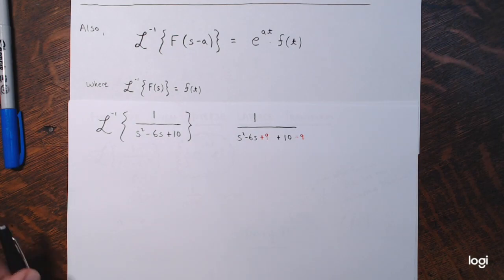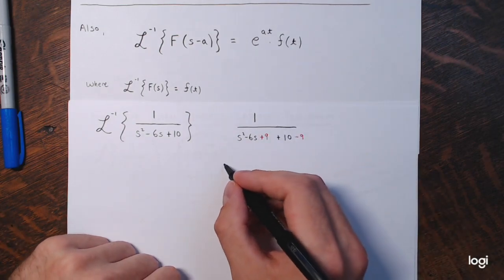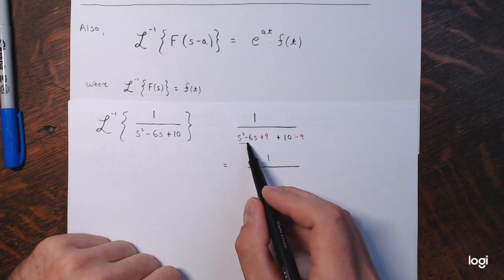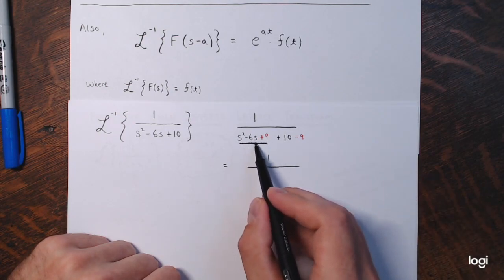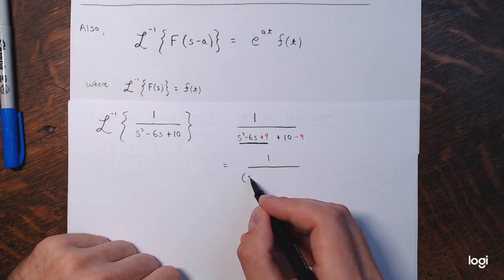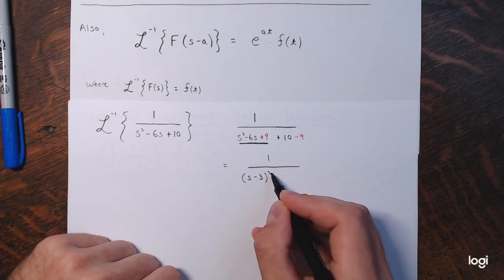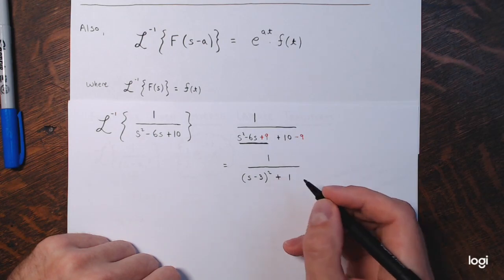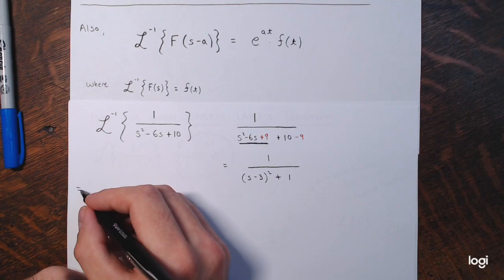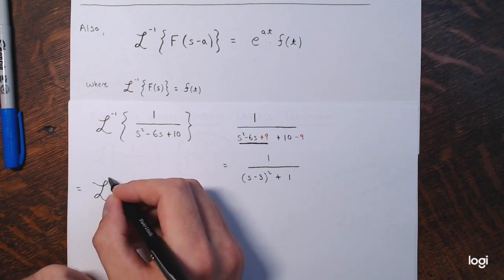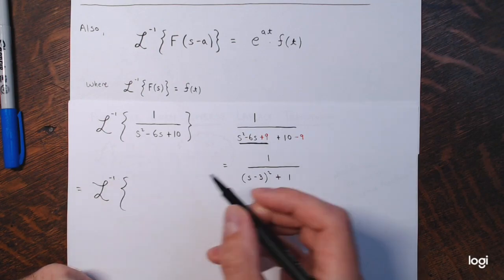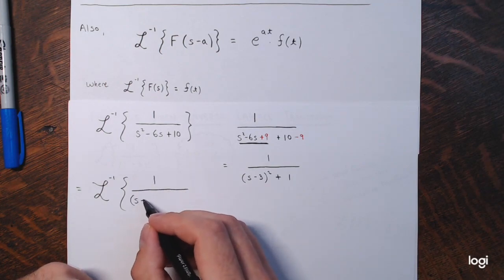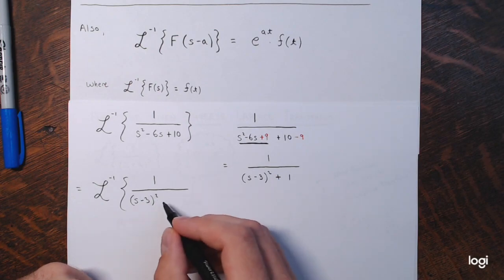Right. And then in doing this, we have the following. 1 over s squared minus 6s plus 9 is the quantity s minus 3 squared. And then positive 10 minus 9 is plus 1. So what I have here is the inverse Laplace transform of 1 over the quantity s minus 3 squared plus 1.